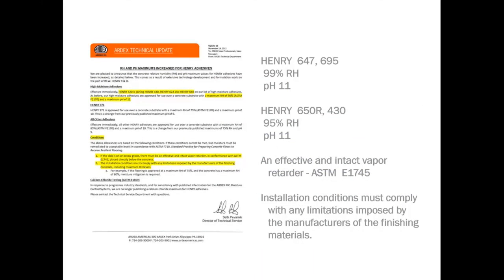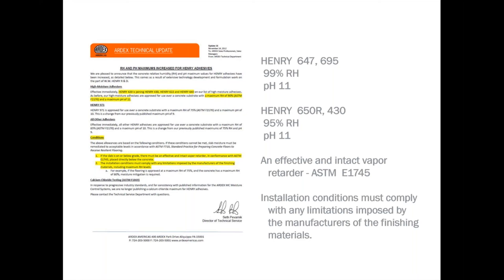One thing I want to make known to you is 647 and 695 do have a 99 RH and a pH of 11. However, we qualify that. For slabs on grade, we have to have an intact vapor retarder so that we don't have excessive moisture creating this moisture level in the concrete to go to 100% condensed liquid.